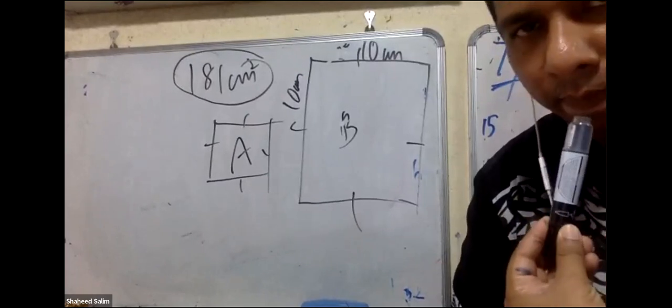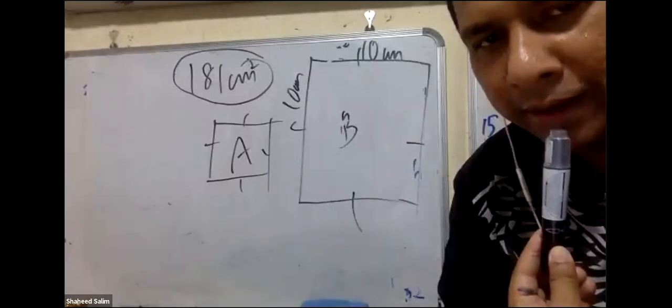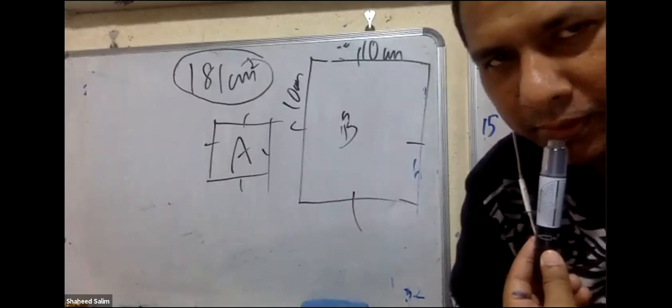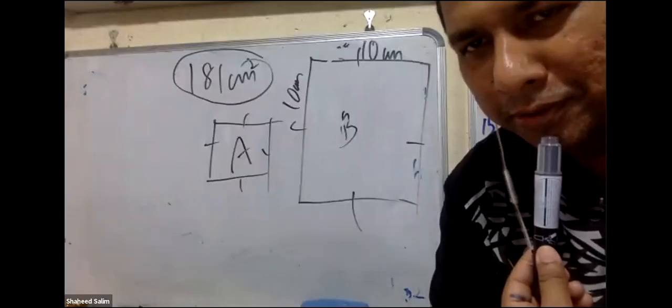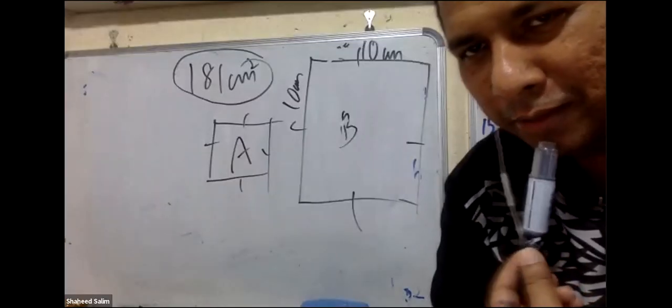My answer is 9 cm. 9 cm. Oh, you see? She's bored already. This girl is bored. Oh, she said, I'm going to cut you up. Okay, we'll cut off. This one is a very violent girl.